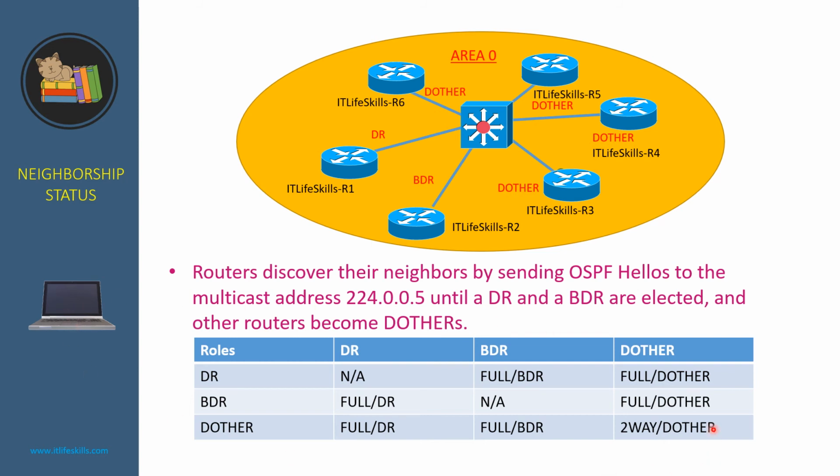This table lists the neighborship status in detail between DR, BDR, and the other routers. In summary, DR and BDR become fully adjacent neighbors with other routers, and the other routers form a two-way relationship with the other routers.